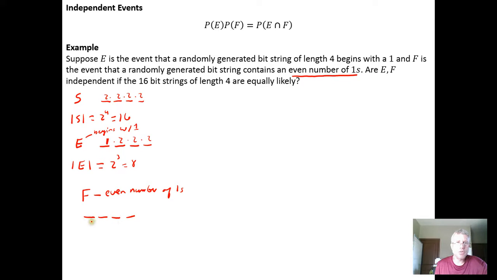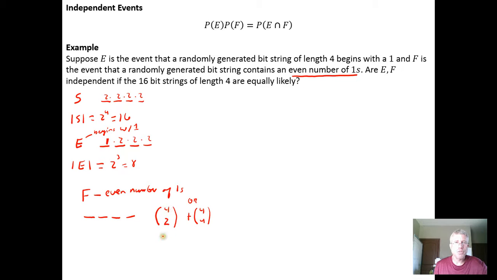We can think about combinations in this case. I have 4 places into which to distribute zeros and ones, and to have an even number of ones, I either need to choose 2 of those slots, plus, or I need to choose all 4 of those slots.